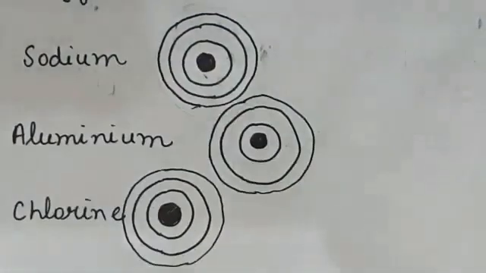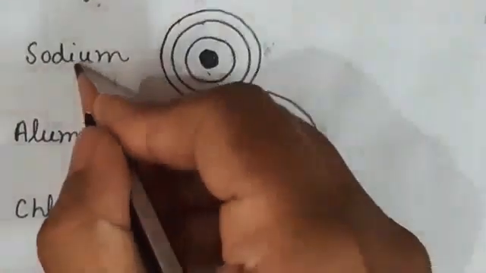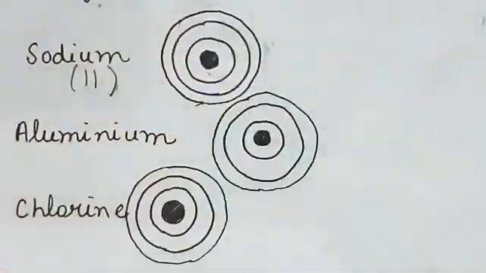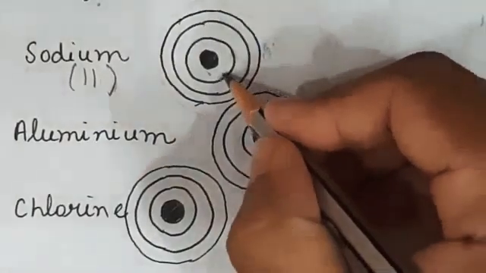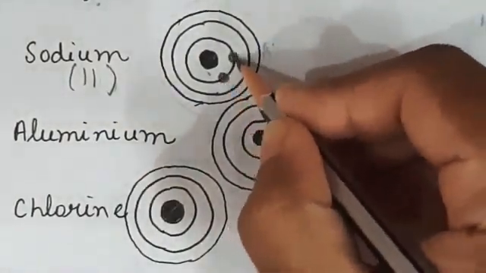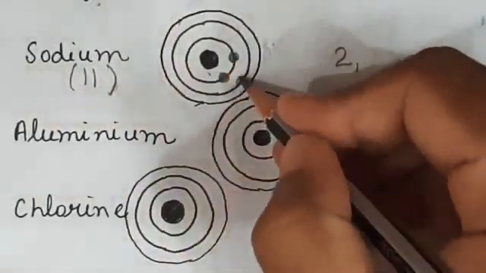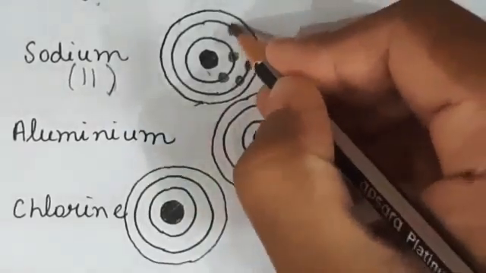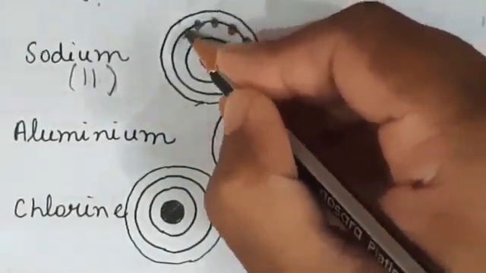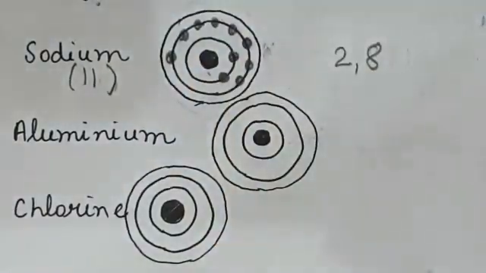Next example is sodium. What is the atomic number of sodium? 11. Start filling the electrons. 2 electrons in the first shell. Then 8 electrons in the second shell. So 2 plus 8, 10.